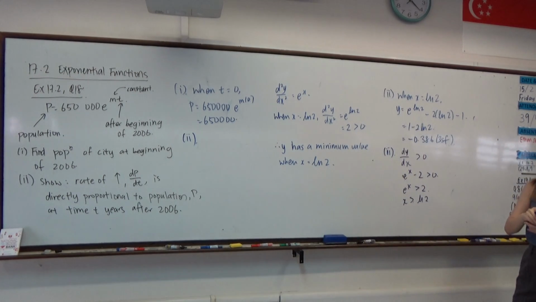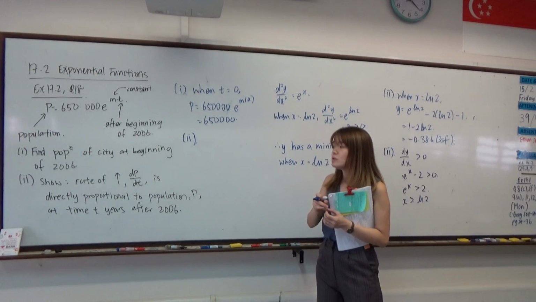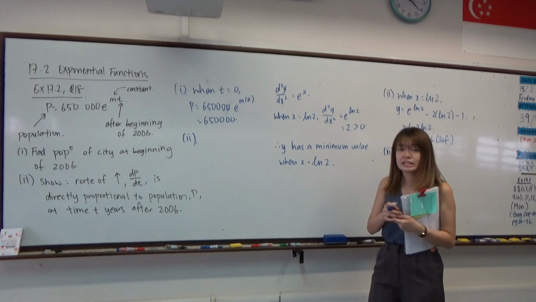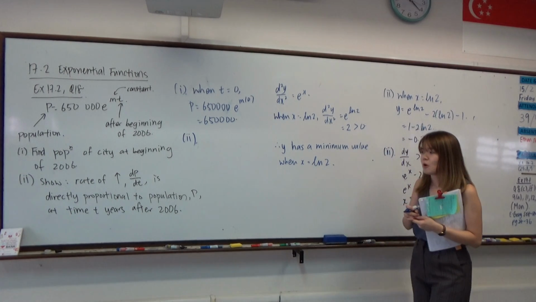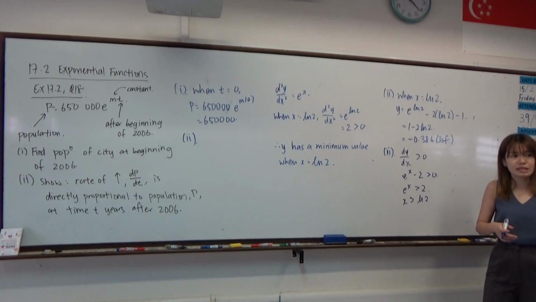Part 2, that is a bit of a challenge in understanding the question. We want to show that the rate of increase, which is dP over dt, is directly proportional to the population at time t years after 2006.